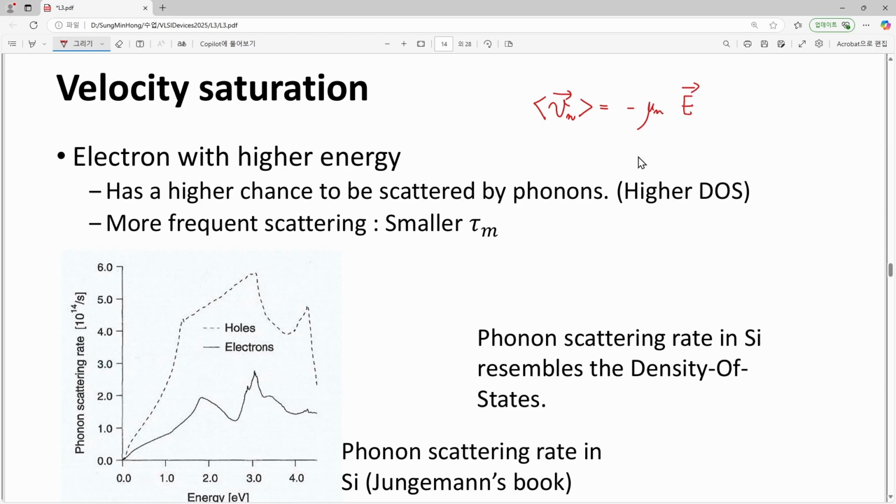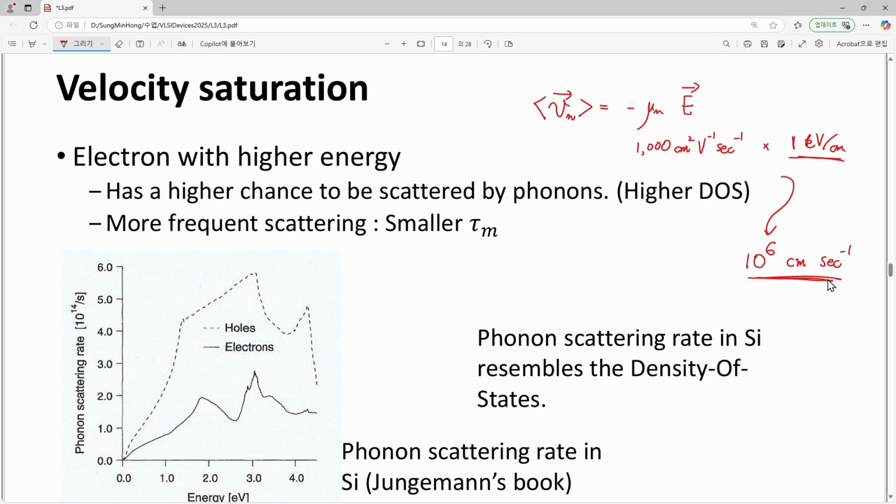For example, let's say the mobility is 1000 centimeter squared per volt per second. And if we apply, for example, 1 kilovolt per centimeter as the electric field, then what will happen to our velocity? Here we have 10 to the 3, and this 1K is also 10 to the 3, so we will have 10 to the 6 centimeter per second.